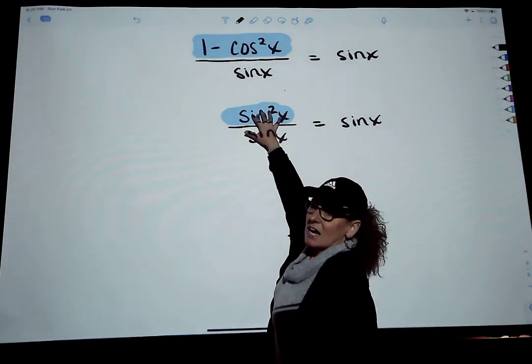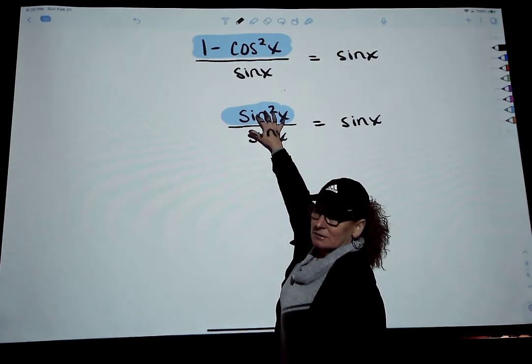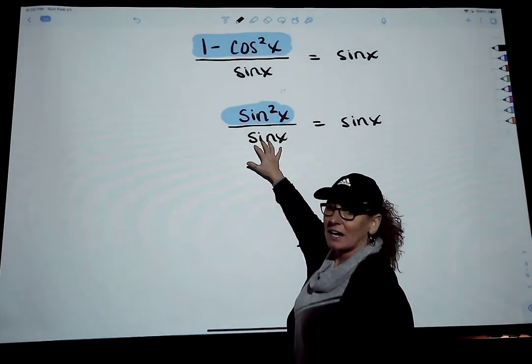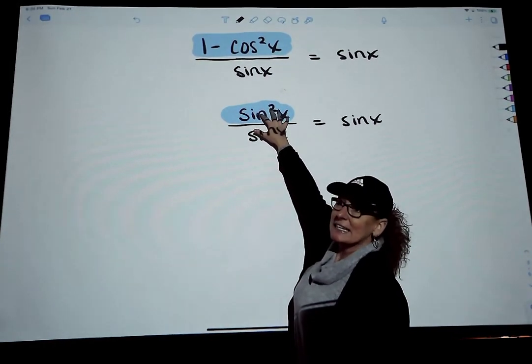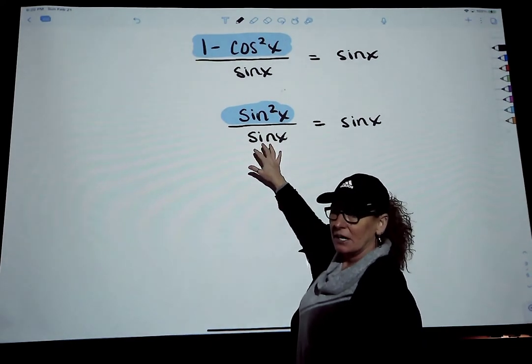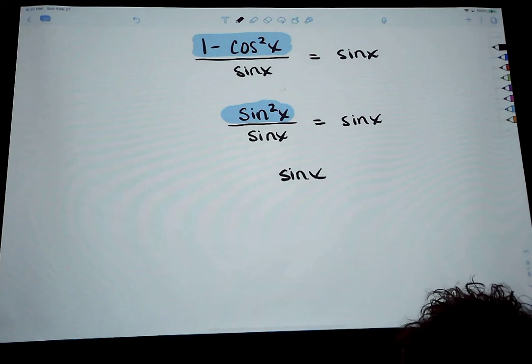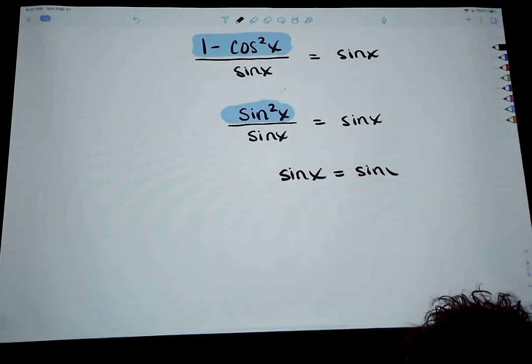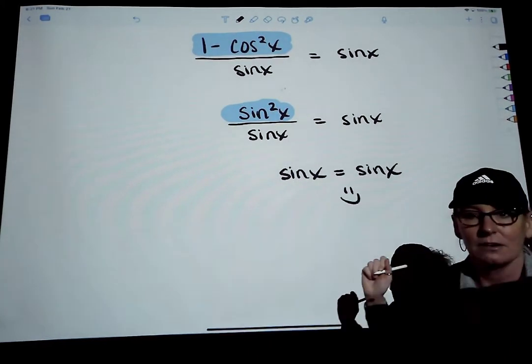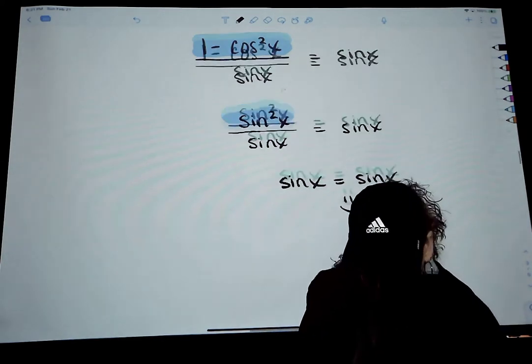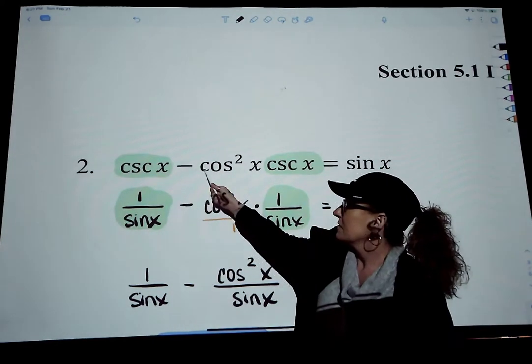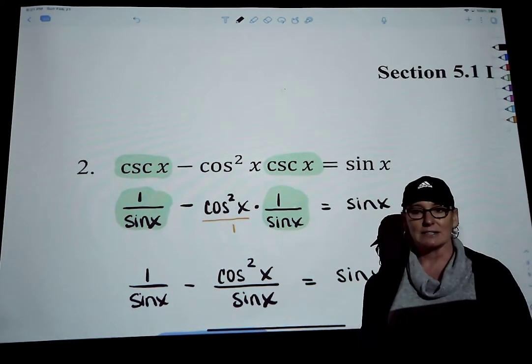This is sine times sine. This is just sine. One of these cancels with this one, and I'm left with just sine. So the left, I get this when I cancel. The right was there. I have just proved that this is a true identity.